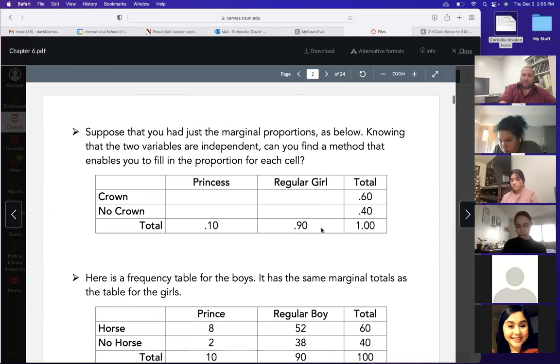In particular, if these are independent, who remembers? I know it's been a while. But who remembers how to calculate this cell from knowledge of the margins 0.6, 0.4, 0.1, 0.9, and 1? Anyone recall how to use those to get this one right here?